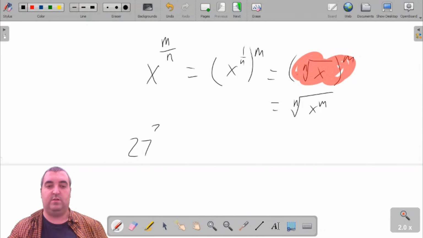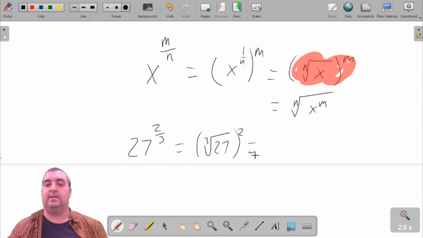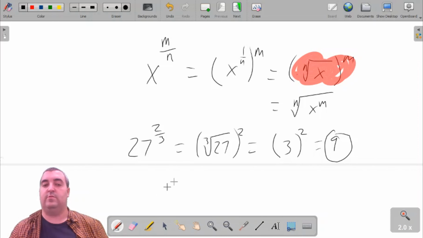So 27 to the 2/3 is really the same as the cube root of 27, all raised to the second power. Simplify the cube root of 27, which is 3, and then 3 squared is 9. So our answer there is 9.